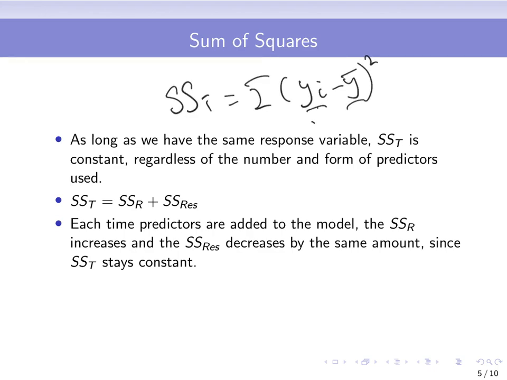They are independent of the model. So that's fact 1. Fact 2, SS total equals the SS regression of that model plus its corresponding SS residual. So based on these facts, each time predictors are added to the model, the SSR increases and the SS residual decreases by the same amount since the total sum of squares stays constant.